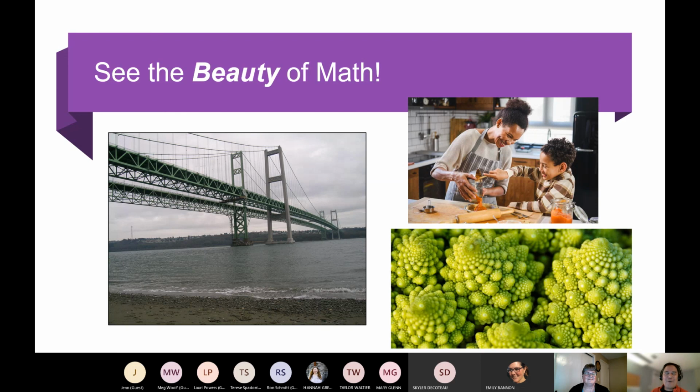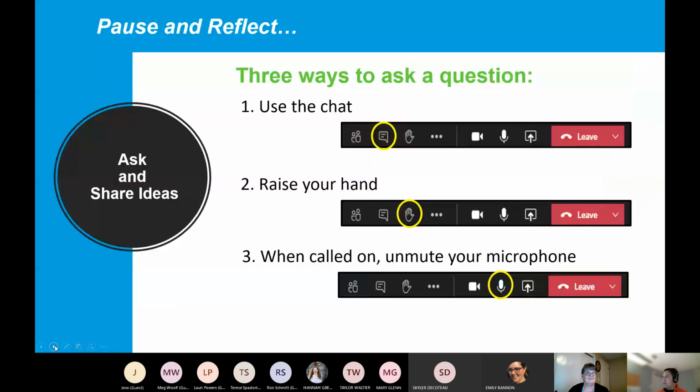We've learned so much about teaching mathematics and making it accessible to kids so that they can learn to love it like we do. That's what we want for all of our children. We just hope that you can find the beauty of mathematics with your children as well.